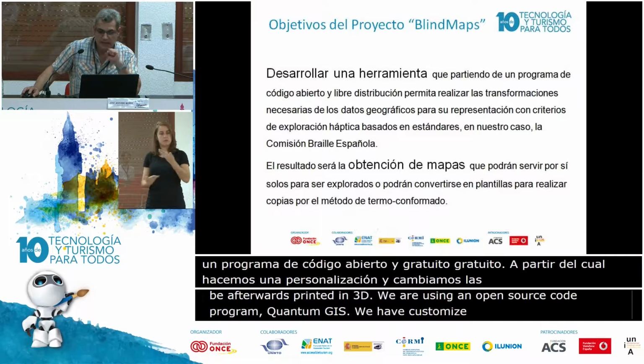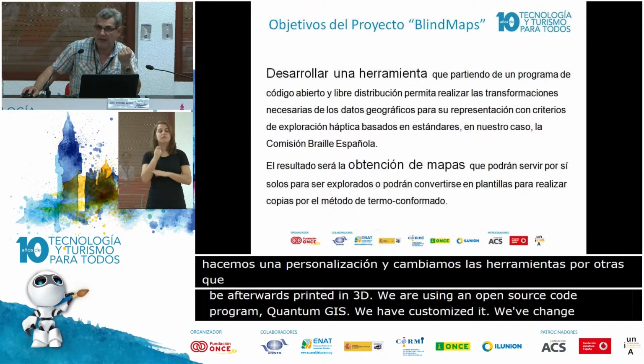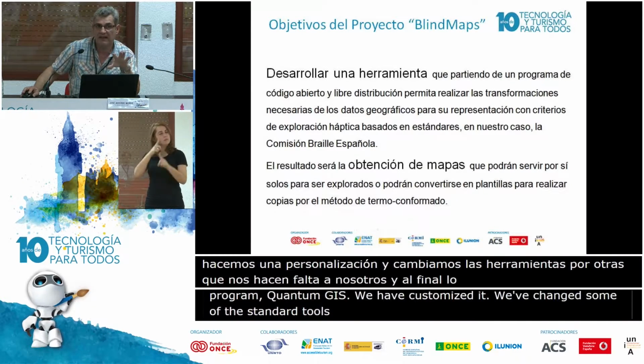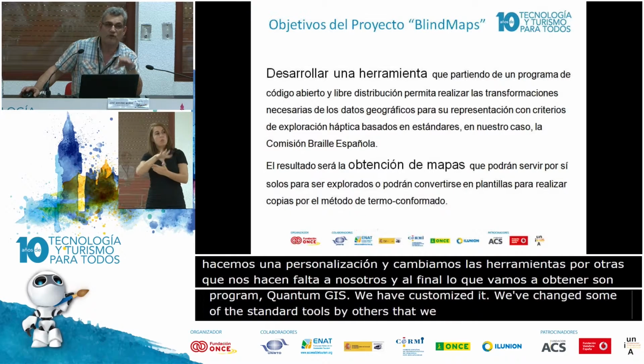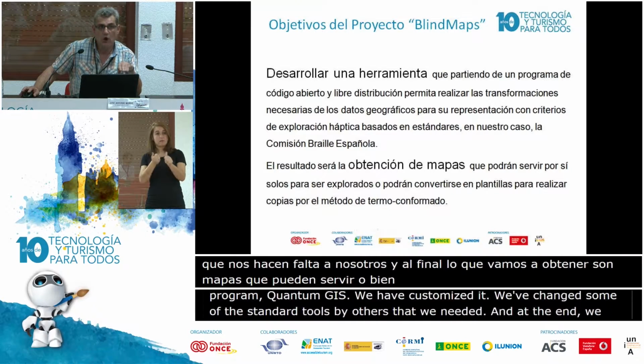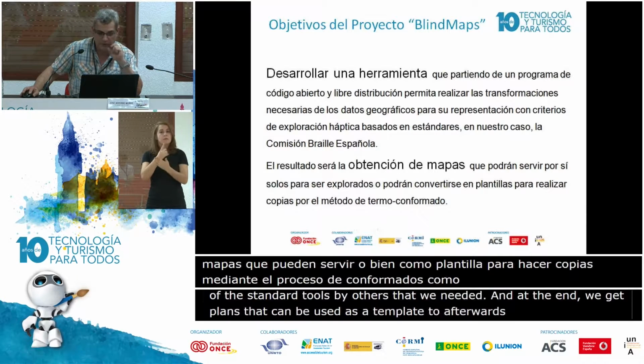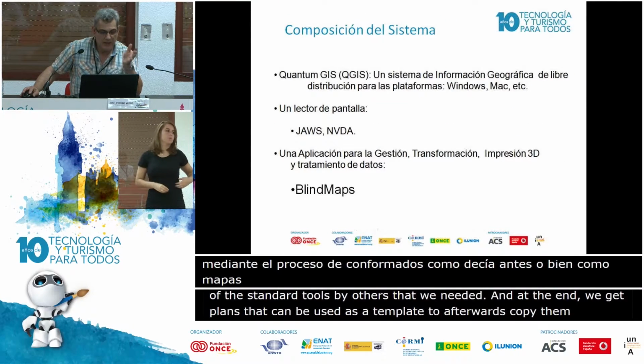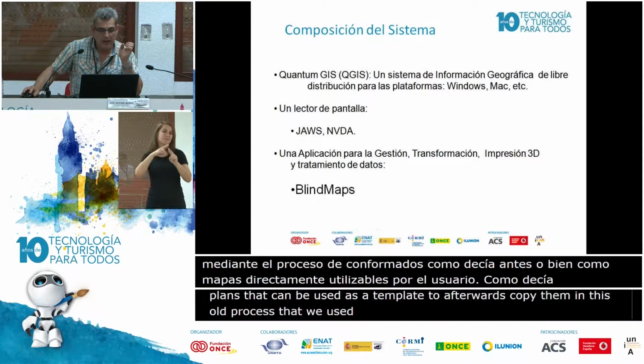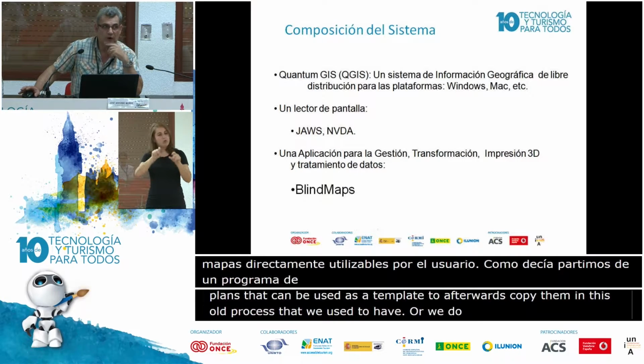We've replaced some of the standard tools with others that we needed. And at the end, we get plans that can be used as a template to copy afterwards in this old process that we used to have, and or we make these models, these 3D printed maps.